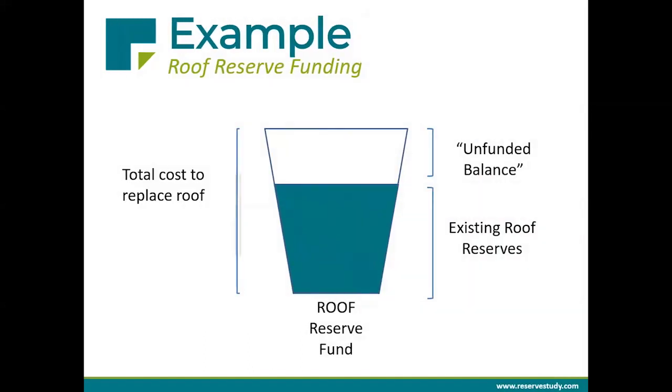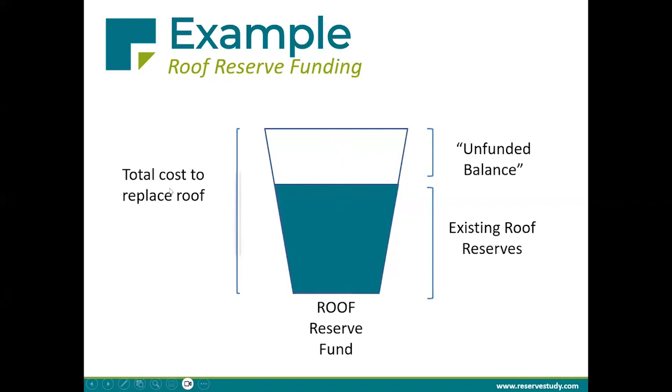Okay, so we'll do some math and use this as an example. Let's use our roof reserve or roof bucket, let's say, as our example. Now, if you understand the total volume of the bucket as representing the total cost of replacing that roof, and you look at your existing reserve money as the contents of the bucket, the empty portion up here could be considered what we would call the unfunded balance, right?